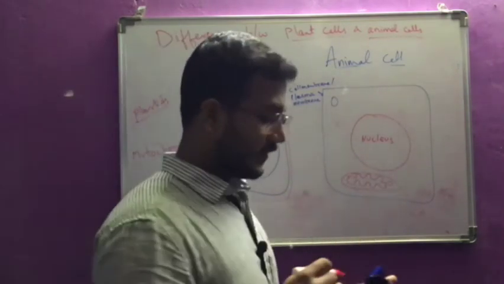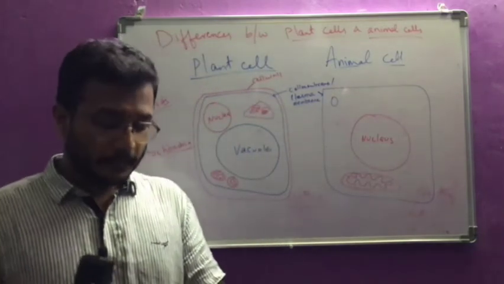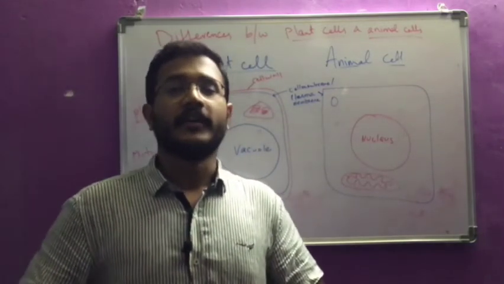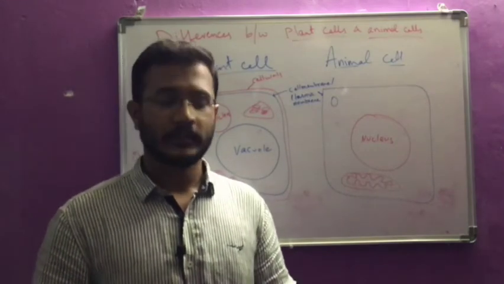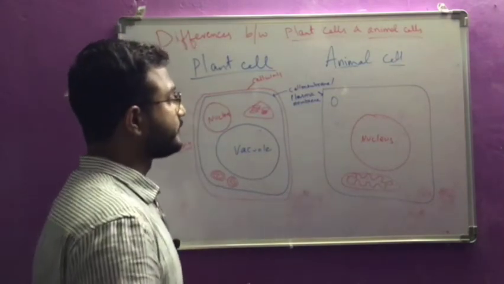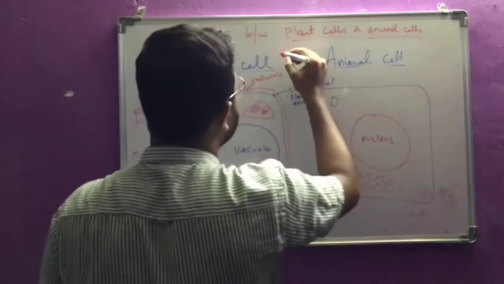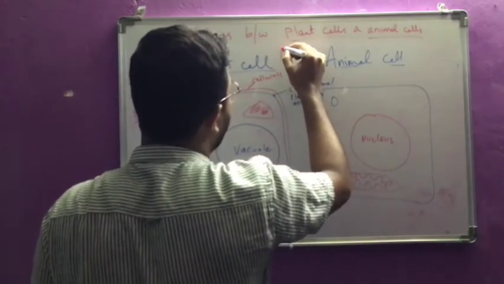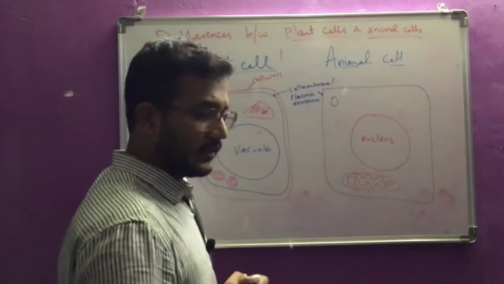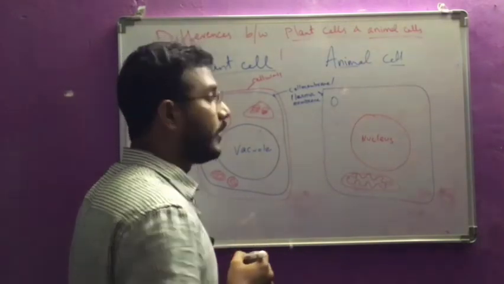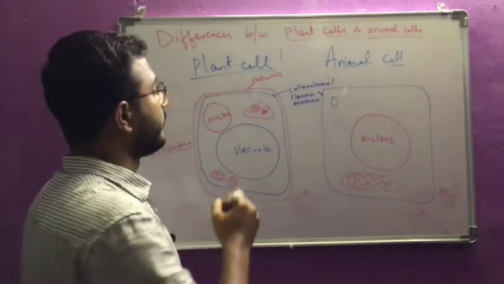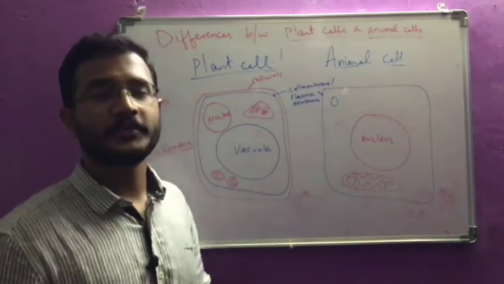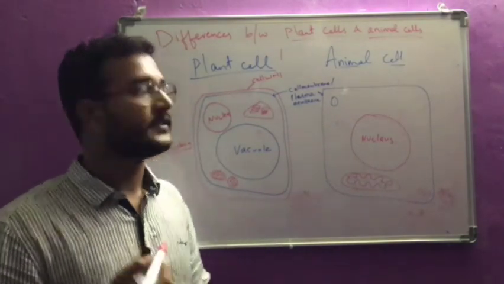And another difference, the plant cell can synthesize almost all types of amino acids. What are amino acids? These are the subunits of a protein. All the amino acids form peptide bonds and they form a complex protein. So the structural and functional units of proteins are amino acids.